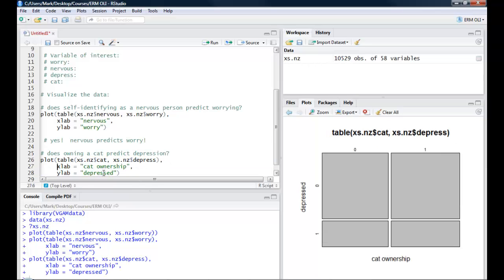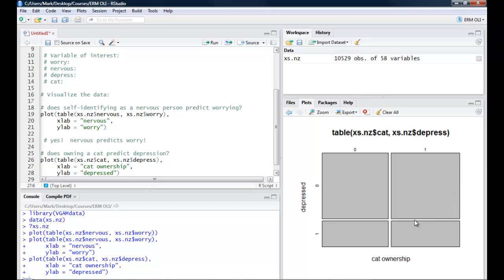So here, when I go ahead and plot these variables, this looks like an example where, in fact, cat ownership does not predict depression. Now, the reason that I'm coming to that conclusion is that when I look at folks that do not own cats, it seems as though they're self-reporting being depressed at essentially the exact same rate as people who are cat owners.